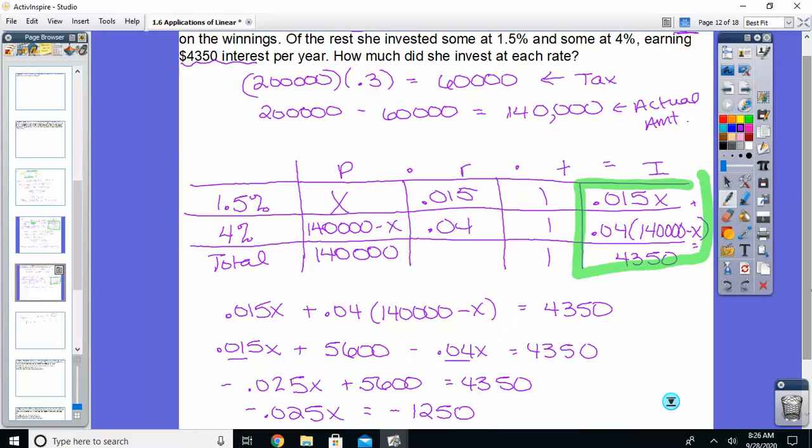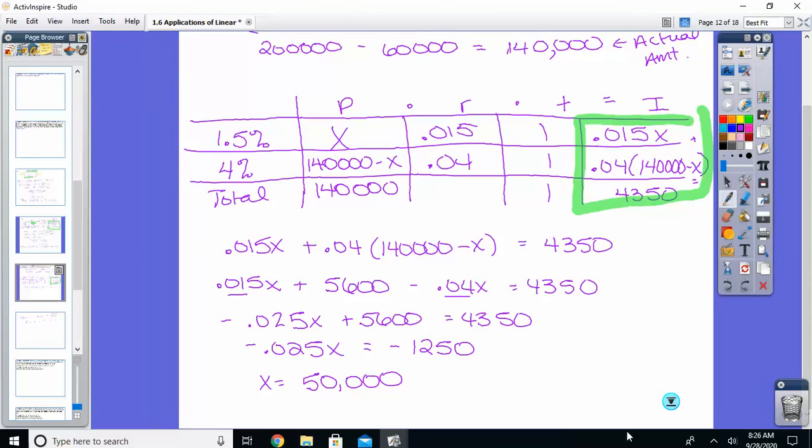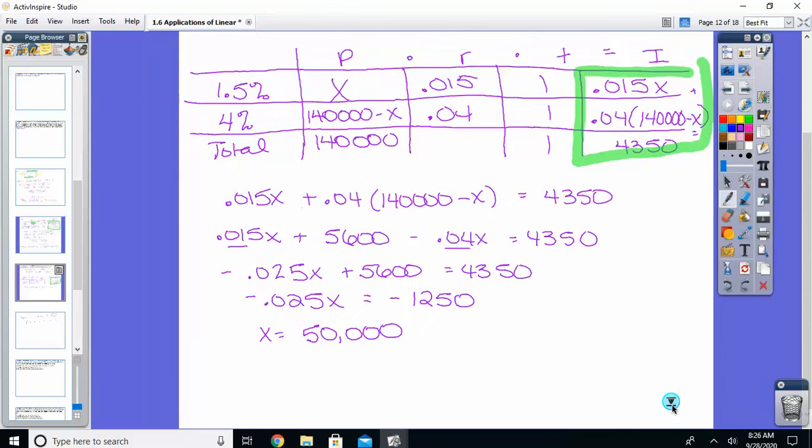Look back, the original question was how much did she invest at each rate? So she invested, if we look at our table, 50,000, my X was the amount at 1.5%. So she invested $50,000 at 1.5%.